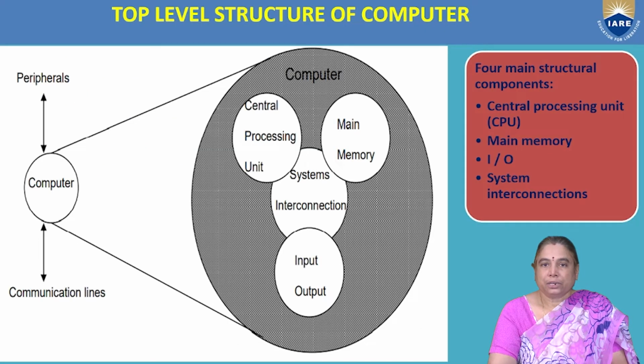As an introduction, from the functional units of the computer, the block diagram consists of three major units. The first is the input unit, the second is the central processing unit, in short we refer to it as CPU, and the third is the output unit. The input unit provides the human-computer interaction.